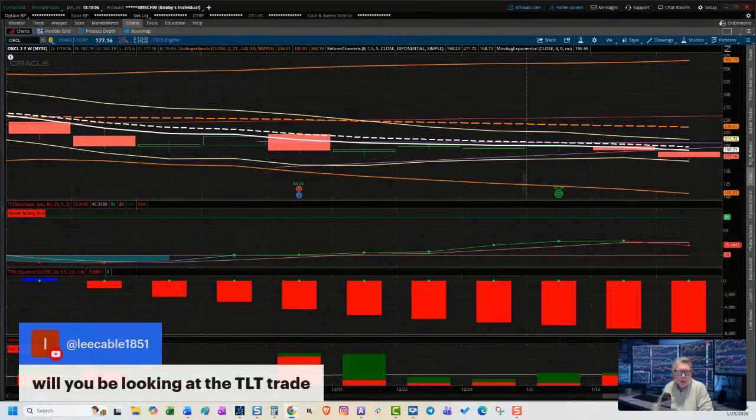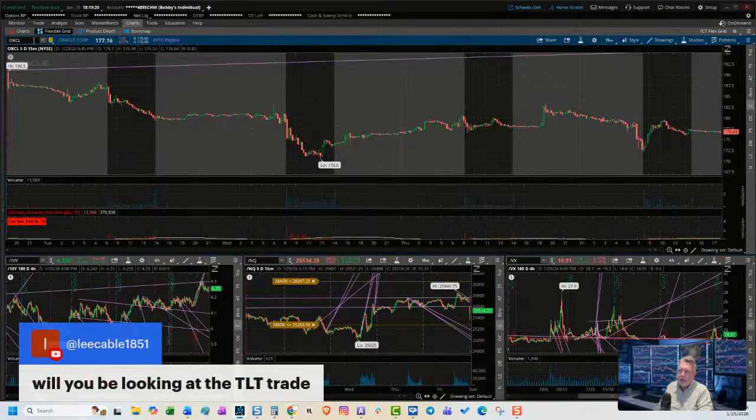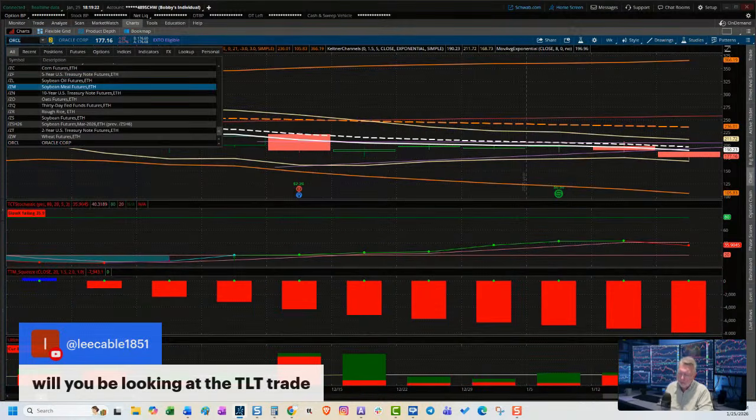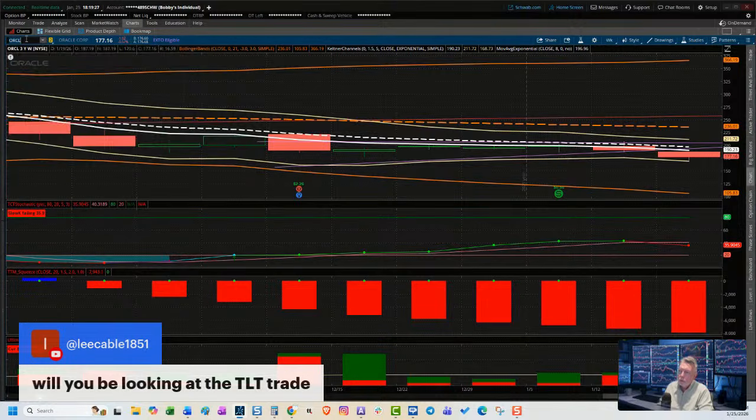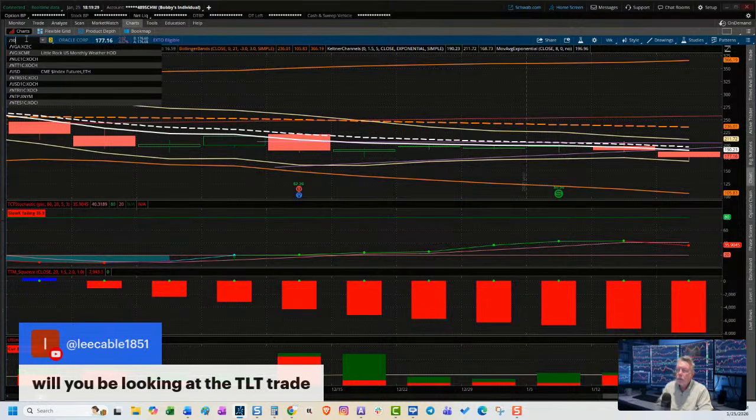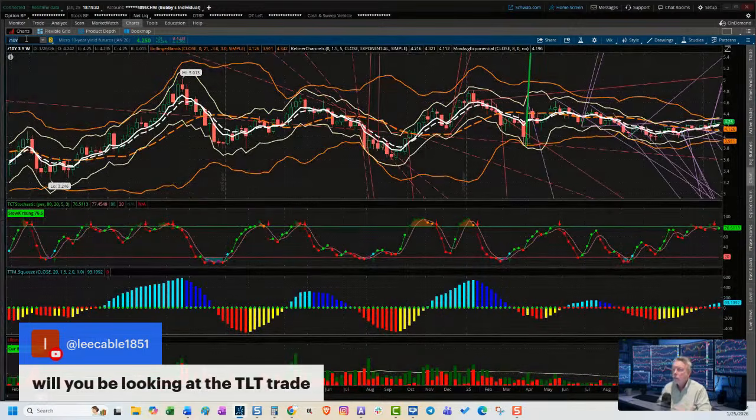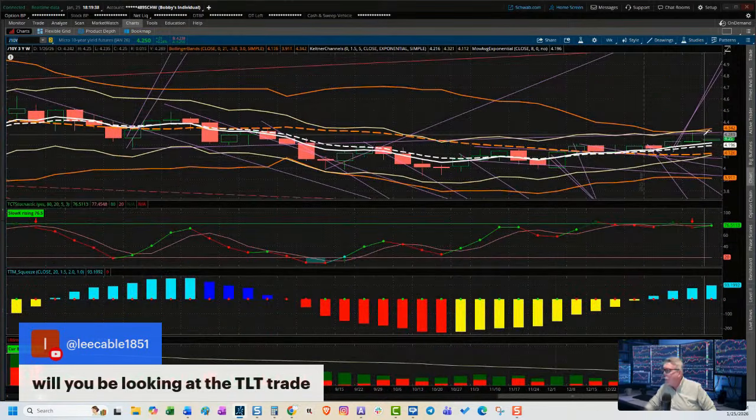The cable, will you be looking at the TLT trade? I'll be looking at the TLT trade. So to answer your question, yes. The problem at current is that you have yields on a weekly time frame moving up higher.